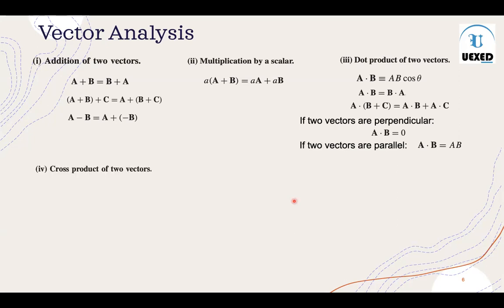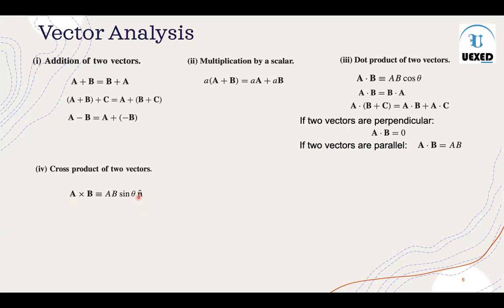Now briefly go through the cross product of two vectors. You know that the cross product of two vectors can also be called a vector product, because it has a direction, unlike the dot product.